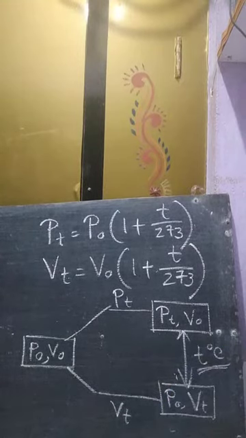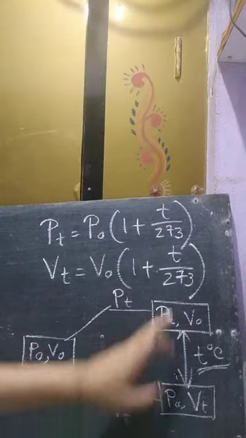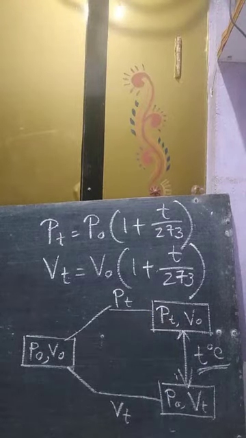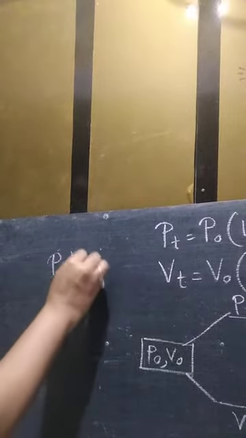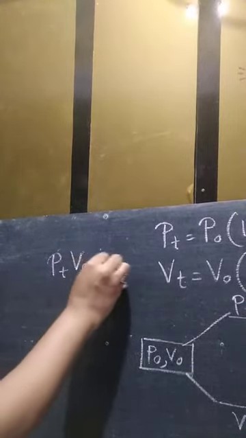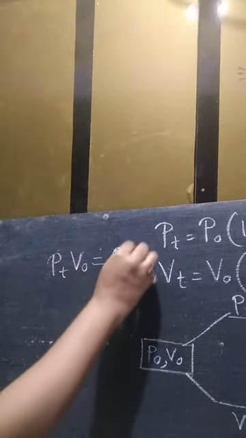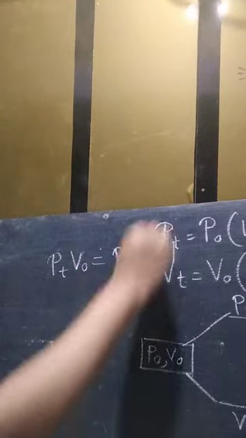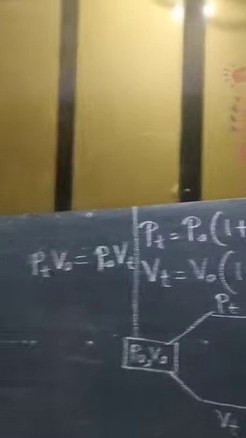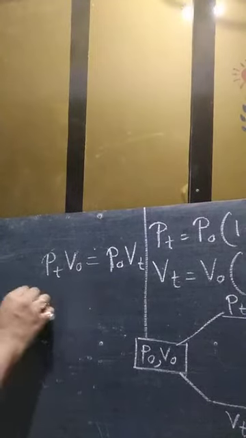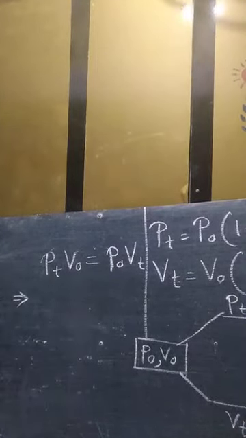Therefore, according to Boyle's law, we can write PT V0 equal to P0 VT. We already have the values of PT and VT, so we will just put them here.